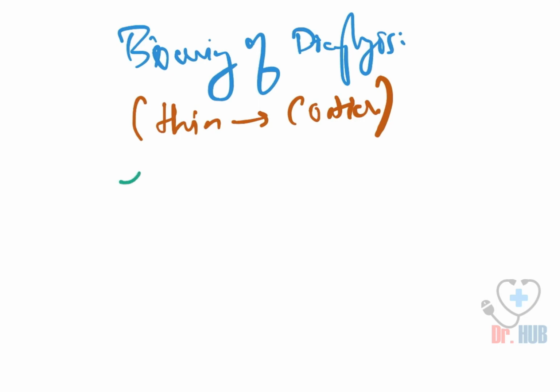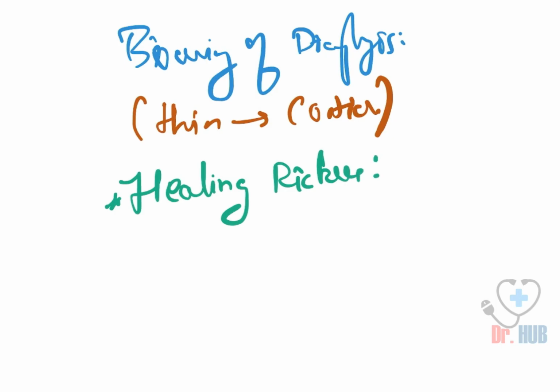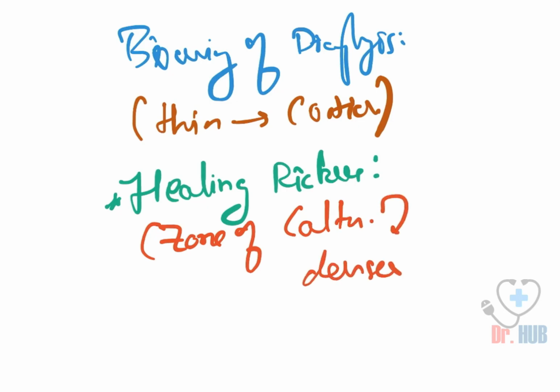Next, there is also healing rickets. This is nothing but a zone of calcification. They become denser. All these features are very prominent where the growth is the maximum.